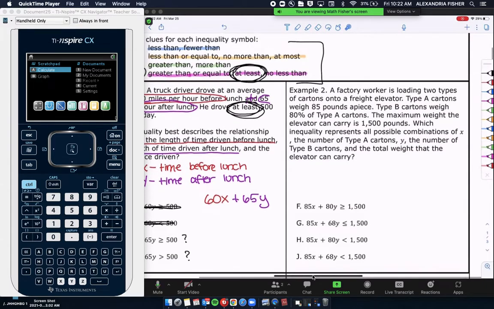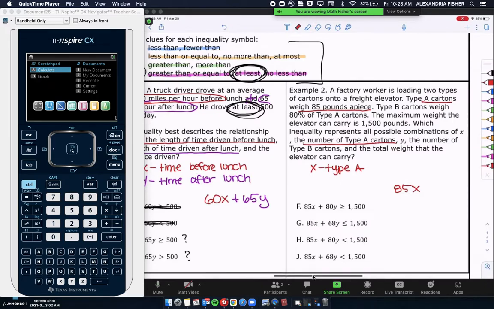Okay, so let's look for the x and y. We have x is the number of type A cartons, so x is type A, and we see that type A cartons weigh 85 pounds apiece, so that's going to be 85x.